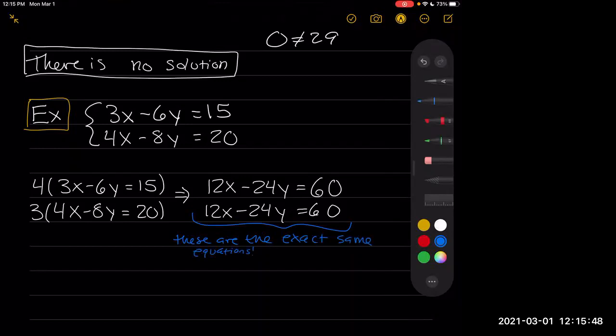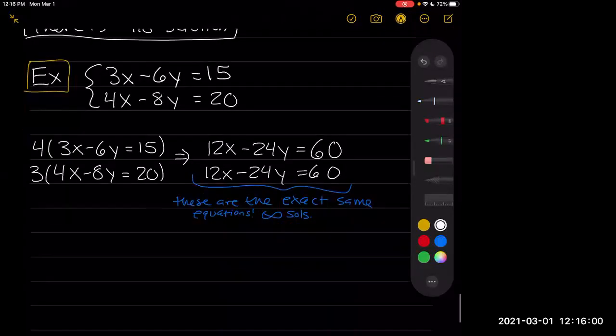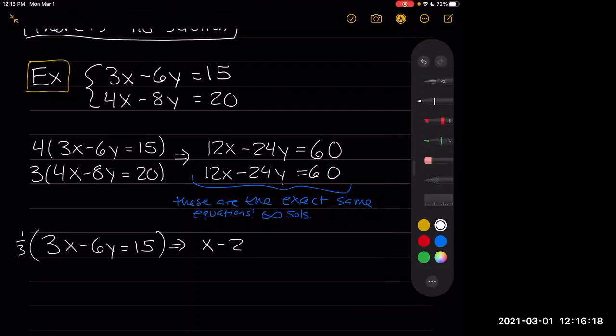So that means that we're going to have infinite solutions, but we do need to solve for the line that satisfies this equation. So I'm going to just grab the first equation to work with. So if we have 3x minus 6y equals 15, well, if I divide everything by 3, this will give us x minus 2y equals 5.